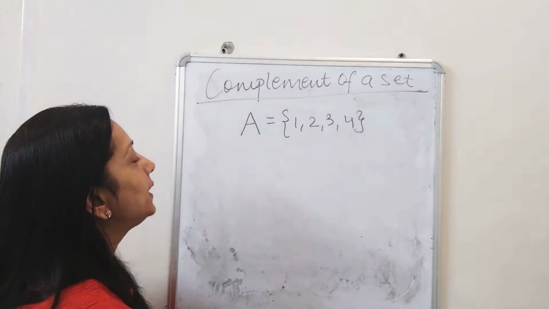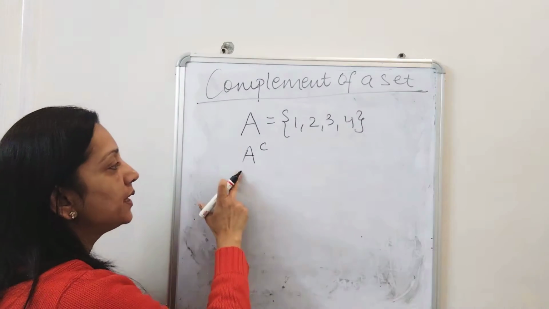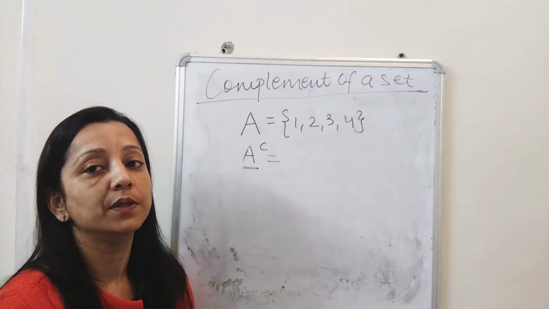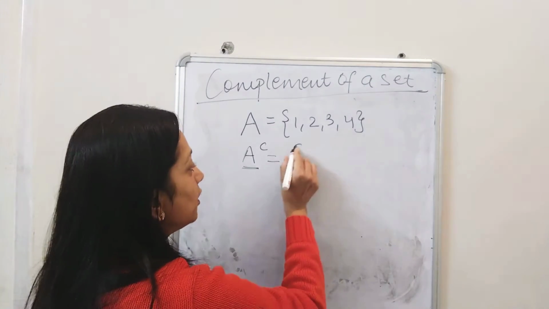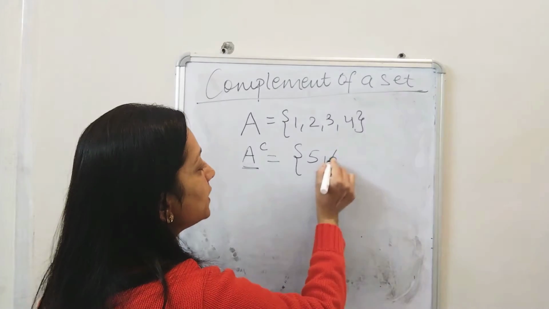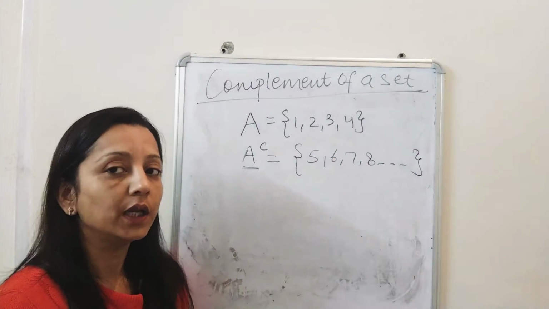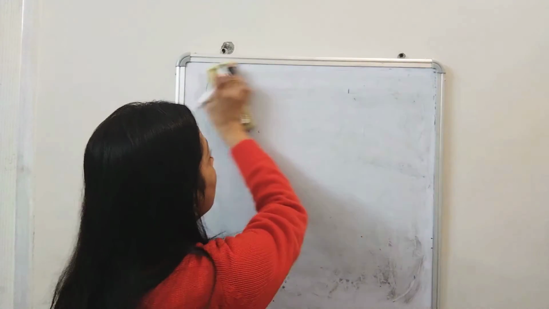So in that case, if I say complement of A, which is represented like this, complement of A would be all those elements which are not present in A but present in its universal set. So it will start from 5, 6, 7 and 8 and so on, because natural numbers go on till infinity. So this will be the complement of set A.